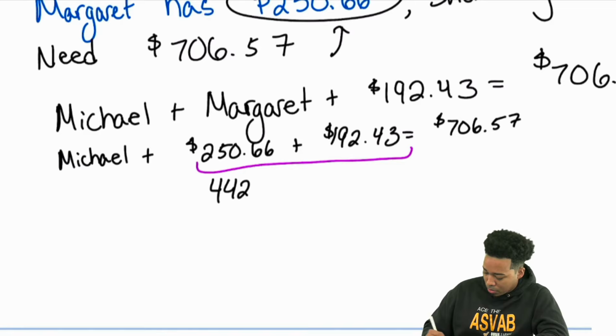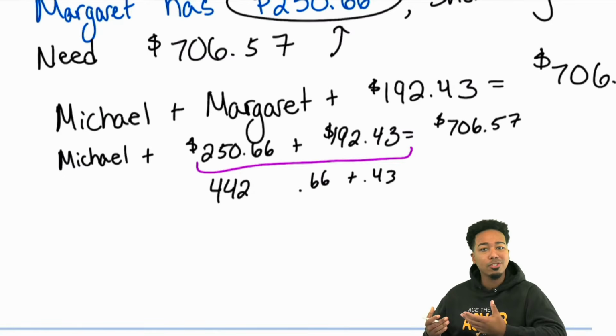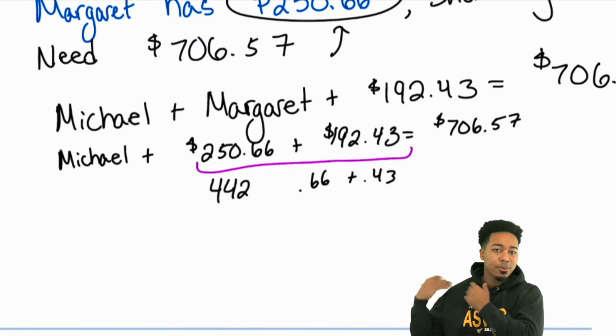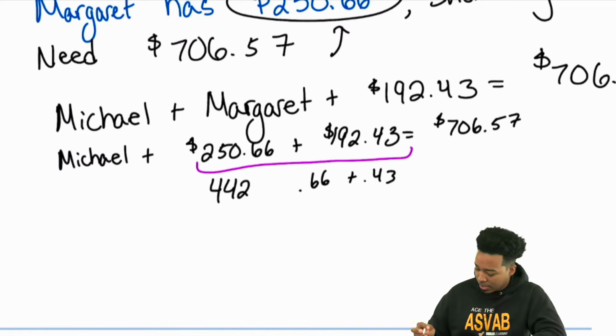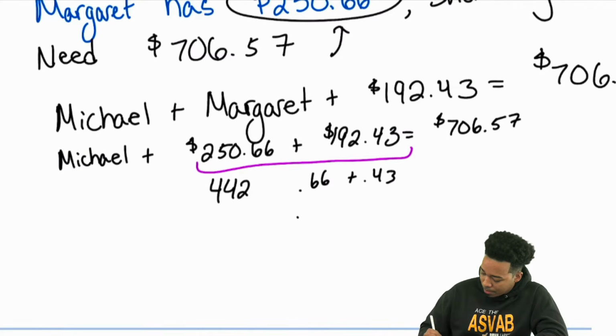So 442, and then you'll have the 66 cents plus the 43 cents. Again, I'm just employing some mental math strategy here. You can take a look at the website for some more stuff to work on your mental math tricks. But 66 plus 43, that'll give you 1.09. So we have 442 plus 1.09, so that'll be 443.09 as that total. So cool.